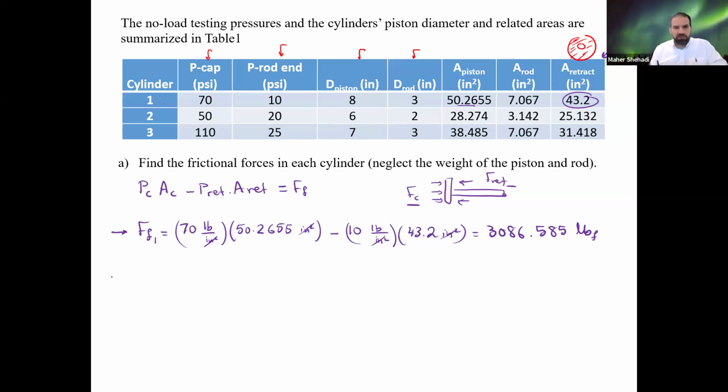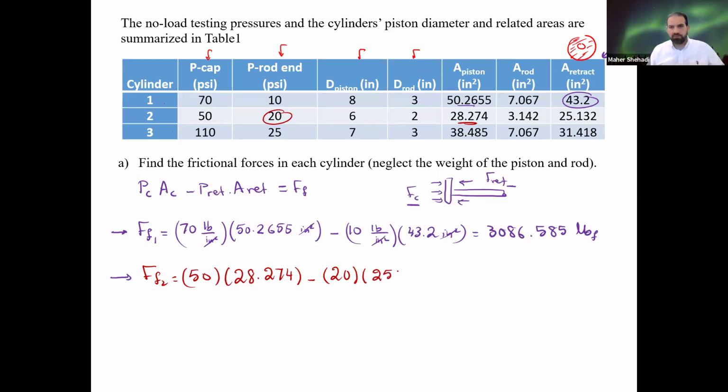Okay. Similarly, we'll do the friction for cylinder two. So it's P cap, this time it's 50 psi times 28.274, minus 20, the retract pressure, times 25.132.